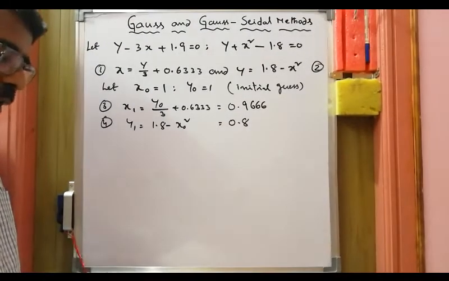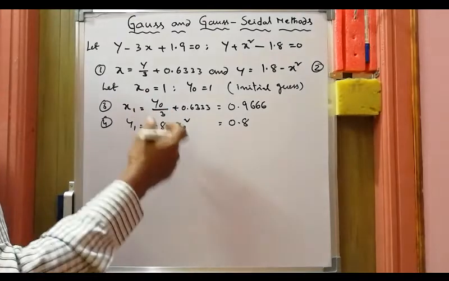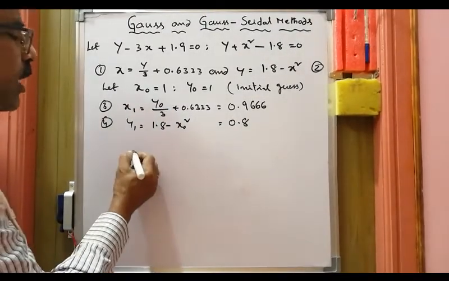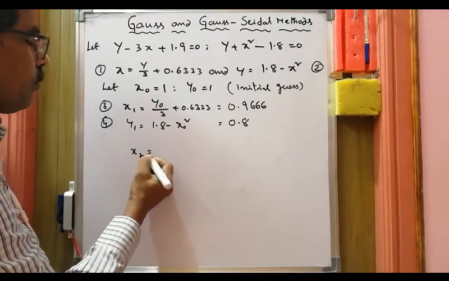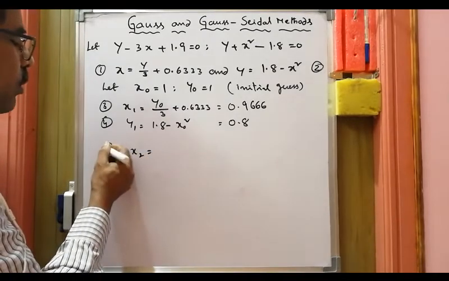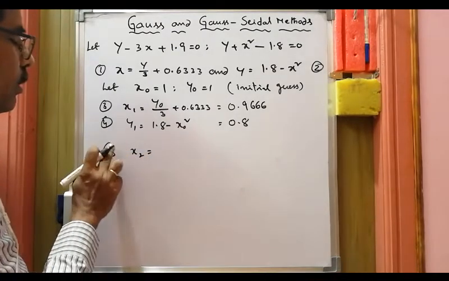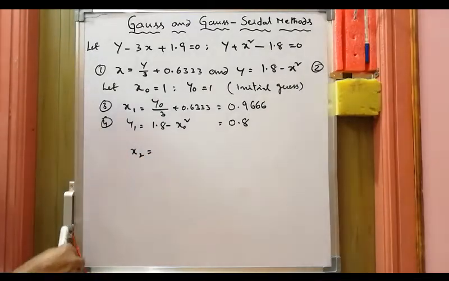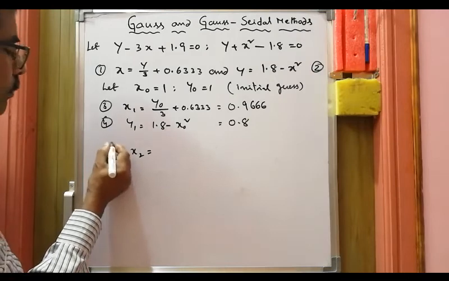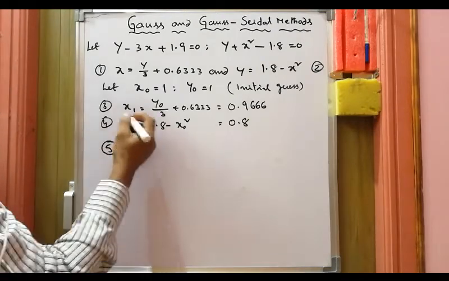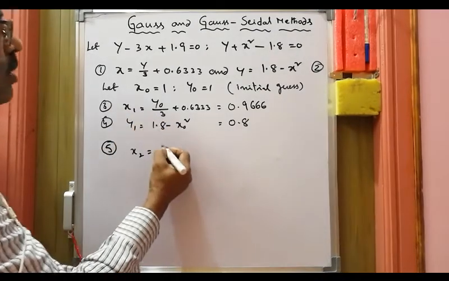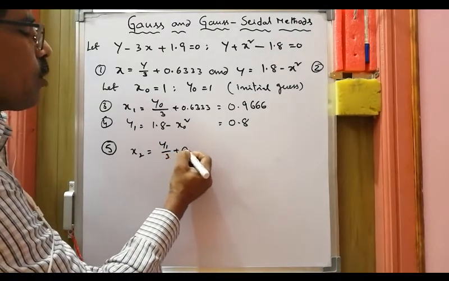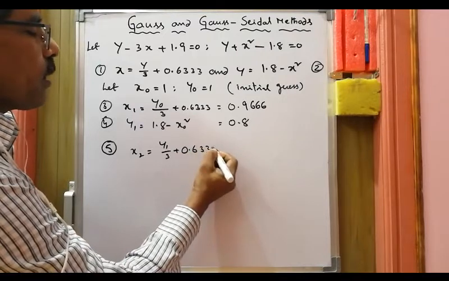The successive iterations are computed in a more general way. That is like, what is x2 now? Let this be 5. x2 is y1 by 3 plus 0.6333.